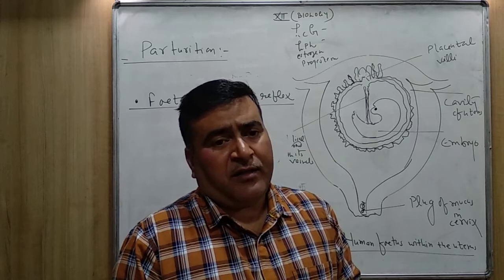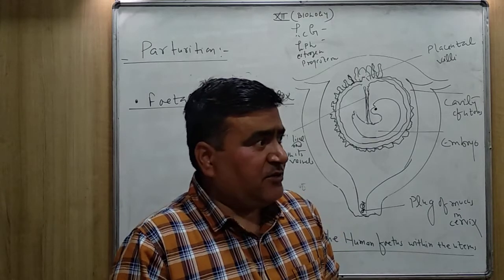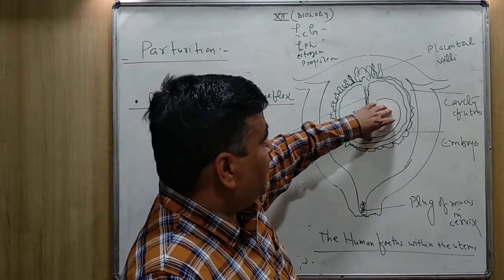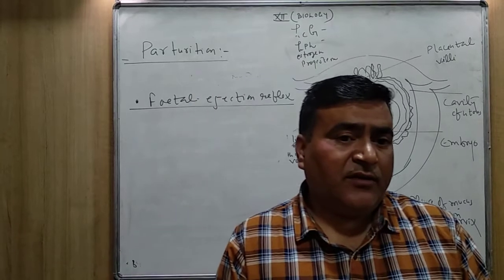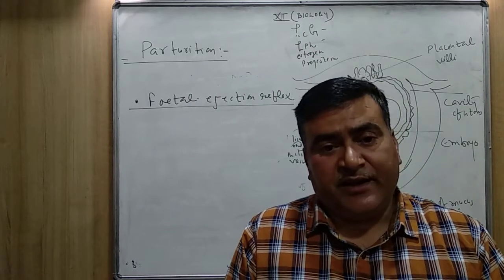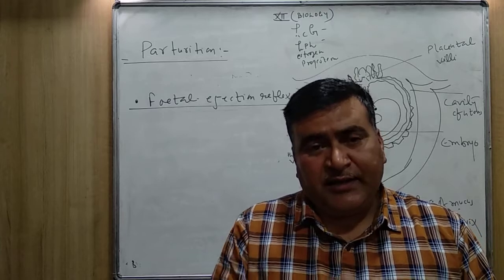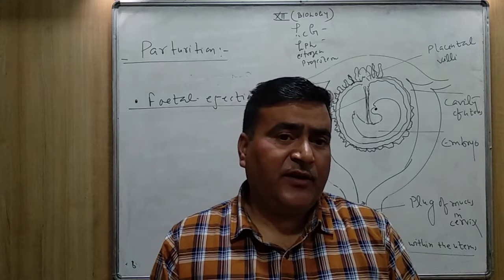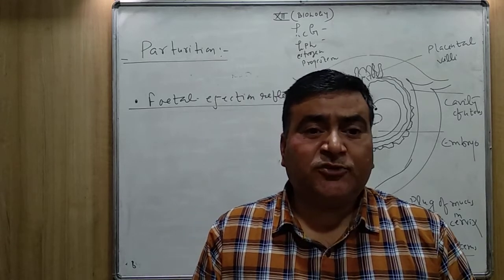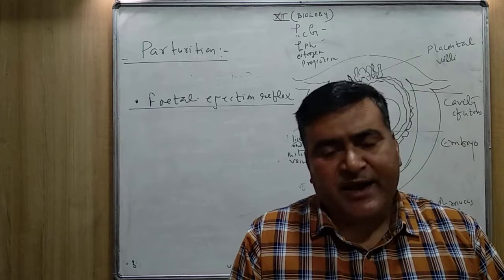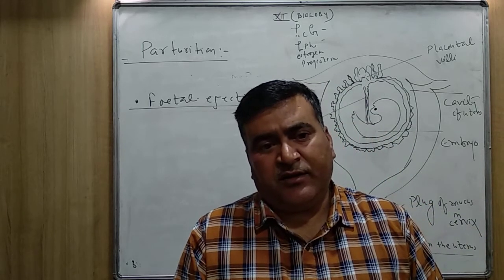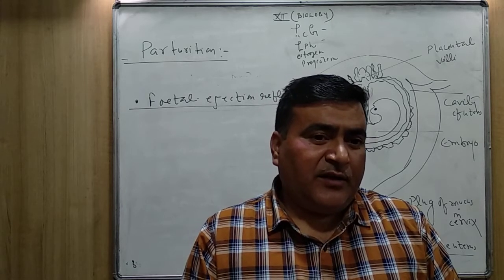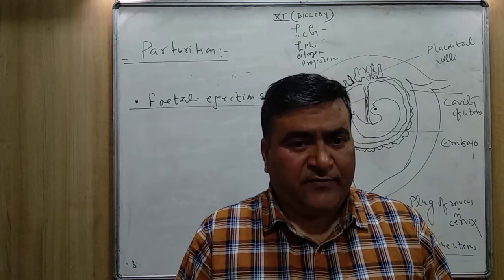Again, when the fetus is fully matured, a signal also goes to the pituitary gland. And the posterior part of the pituitary gland produces a hormone that is called oxytocin. And that oxytocin hormone is responsible for the contraction of the uterus.